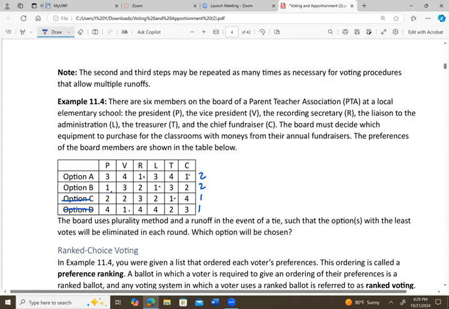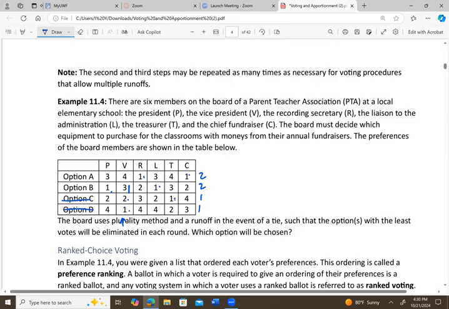And then what we need to do is, okay, here the vice president had option D as their first choice, so their first choice needs to be moved to their second choice now. Fortunately, that was option C, which has also been eliminated. So in this case, for the vice president, option B becomes their first choice out of the 2 remaining.